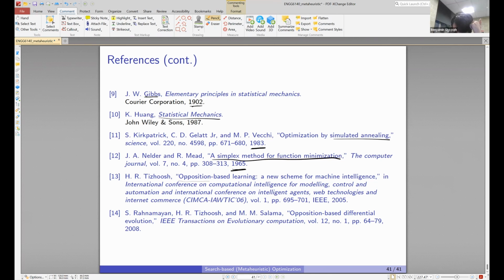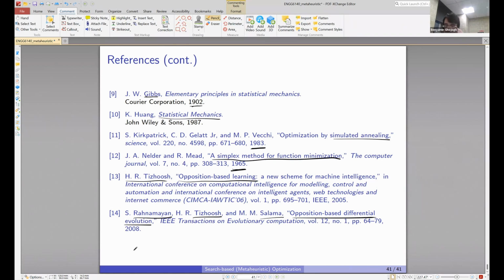This is the paper for opposition learning by Hamid Tizhoosh. And also opposition learning in differential evolution or in metaheuristic optimization by Hamid Tizhoosh and Rahnamayan and Salama. By the way, differential evolution is one of the metaheuristic optimization algorithms.